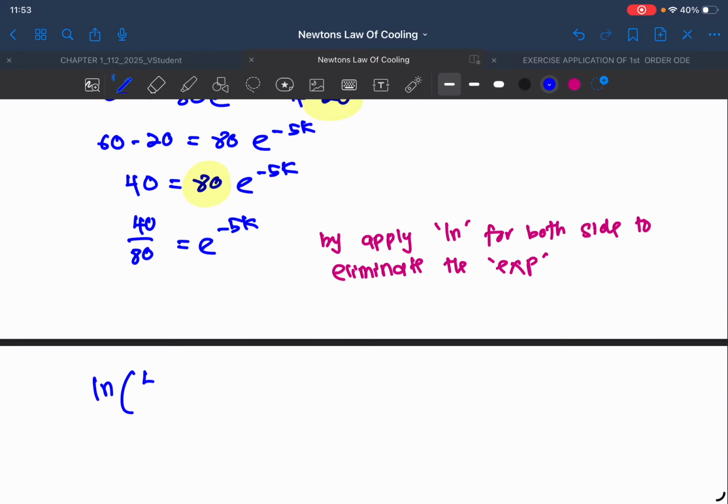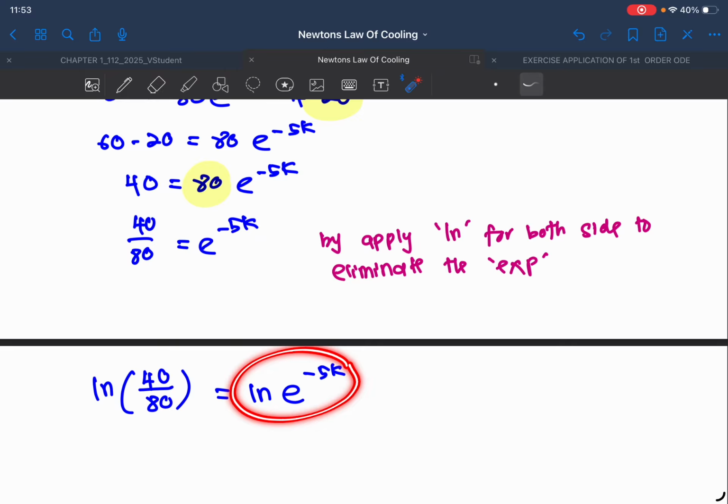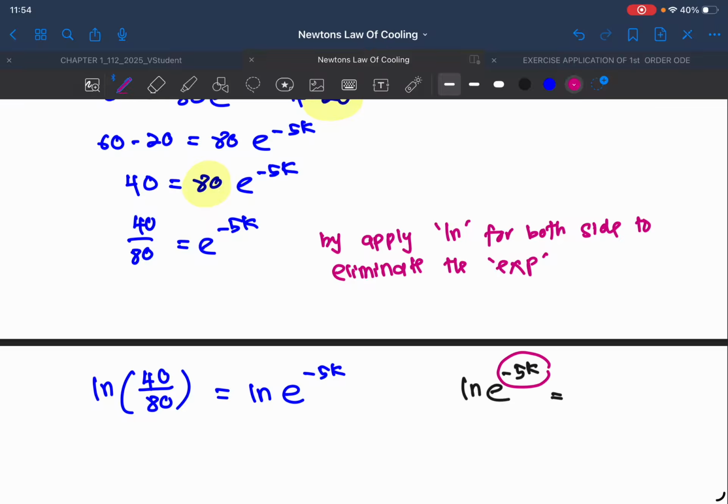So ln of 40 over 80 is equal to ln e to the negative 5k. For ln e to the negative 5k, it will become negative 5k because of the properties: we bring the negative 5k to the front, negative 5k ln e, which becomes negative 5k.